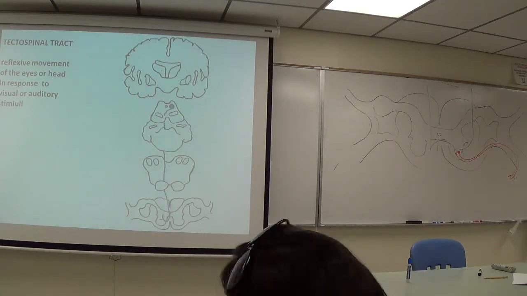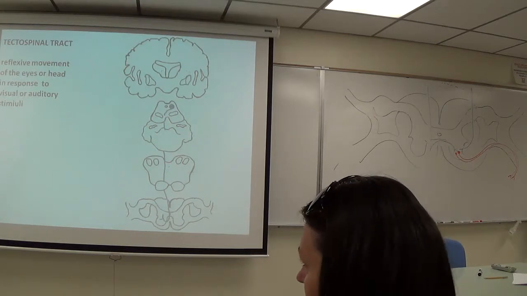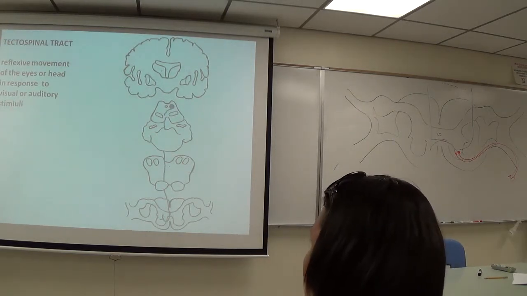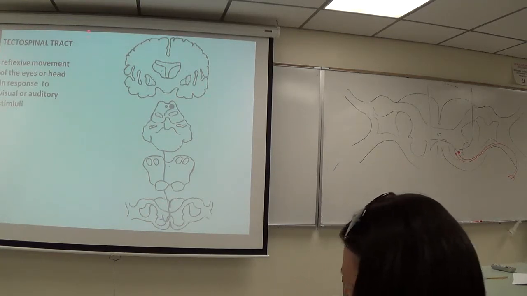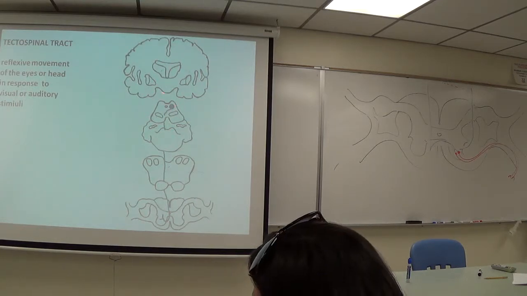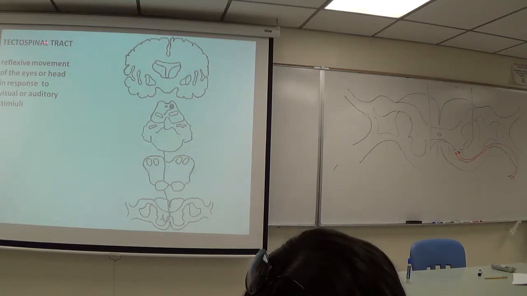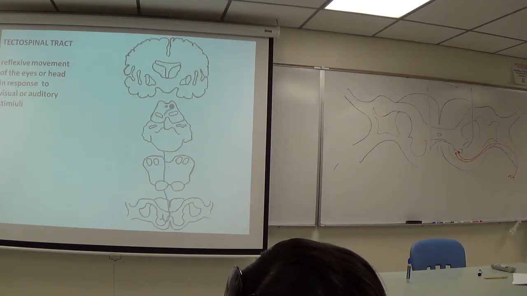It always is. It's not crossing over in the pyramid every time. How can you tell that this is a motor pathway? The descending pathway, and in the name, it's ending in spinal. So it's going down. Okay?